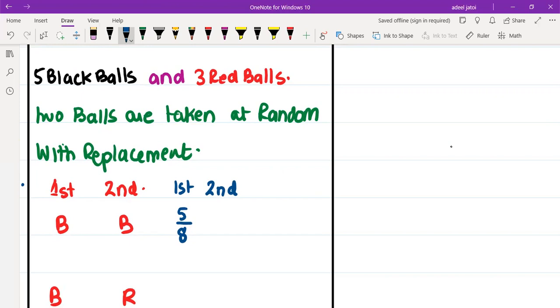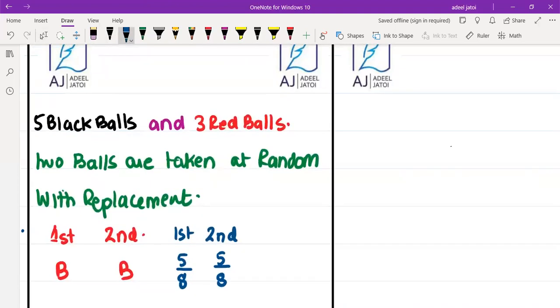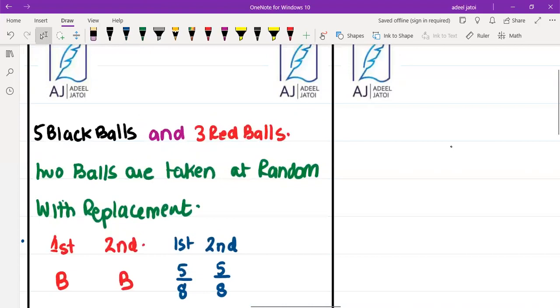If I want to pick my second black, this should also be 5 upon 8, because the question says with replacement. Once I pick my first black ball, I need to keep it back in the bag. 5 black balls, 3 red balls, 2 balls are taken out of the bag.